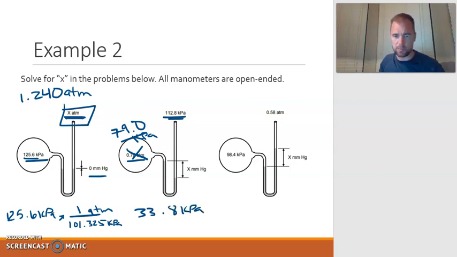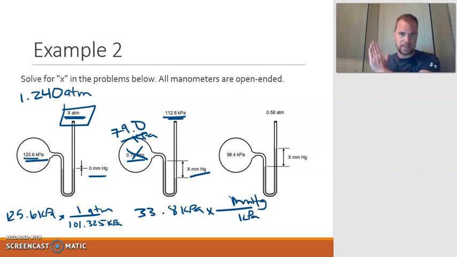And that's my answer, but it doesn't want the answer in kilopascals. It wants it in millimeters of mercury. So at this point, it's just another conversion. I'm going to go straight from kilopascals to millimeters of mercury. I'm not going to go through atm. It's fine if you do, but I know that everything is equal to each other. So there's 101.325 kilopascals, which is equal to 760 millimeters of mercury.